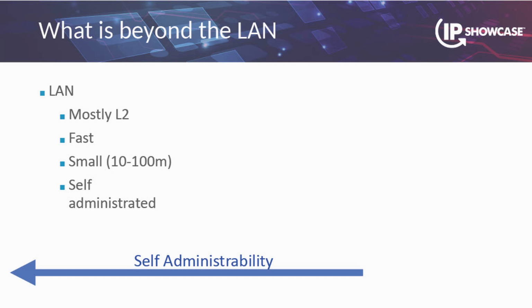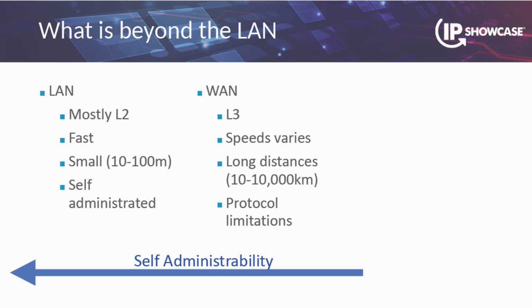A LAN is mostly layer 2, and this allows other audio over IP systems to use layer 2 features inside the layer 3 features to get better performance, but then they are not really able to easily cross subnets. A LAN is fast. It's really fast and really small, and it is most likely self-administrated. You can do whatever you want on your LAN, and nobody will really care until you try to connect it to other networks.